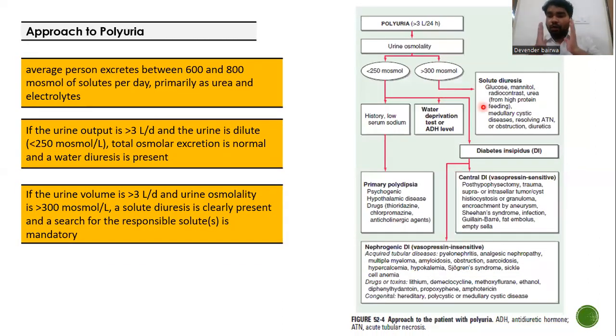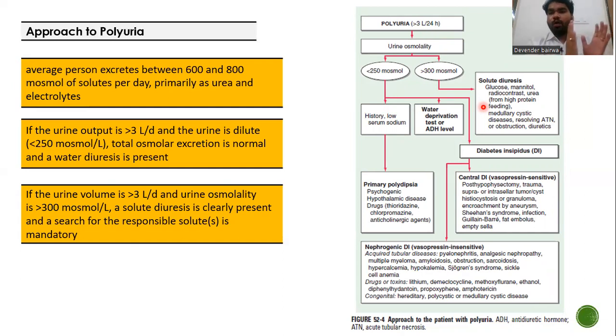Suppose somebody is having lots of urine production. There can be two things. Either the body has got lots of solute, and the body has to excrete those solutes, and because solutes cannot be excreted like this, lots of fluid is required.